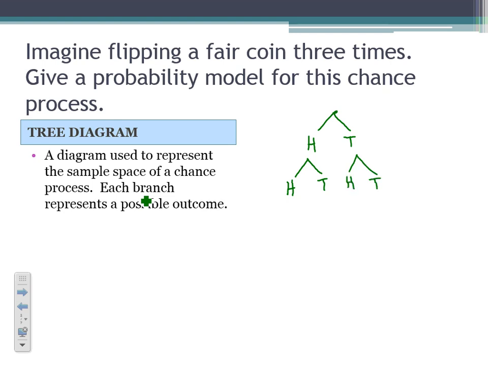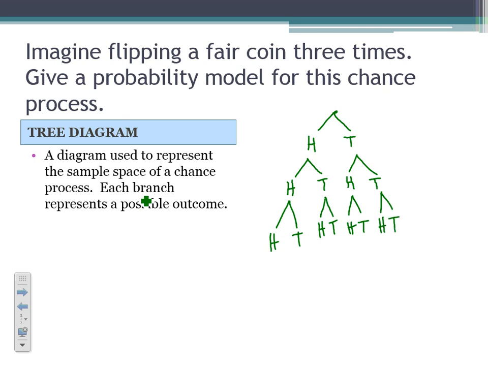You can see that this tree diagram is growing as we add on more tasks in this chance process. Now, we wanted to flip this coin 3 times, so we need to do it 1 more time. Again, it's going to branch off of the last level that I've created. We'd have heads or tails, heads or tails, heads or tails, and heads or tails.